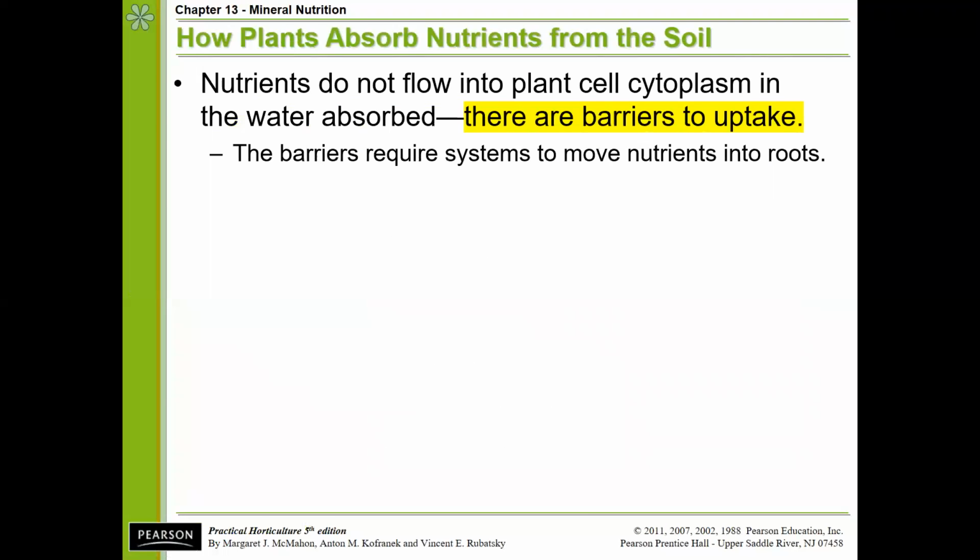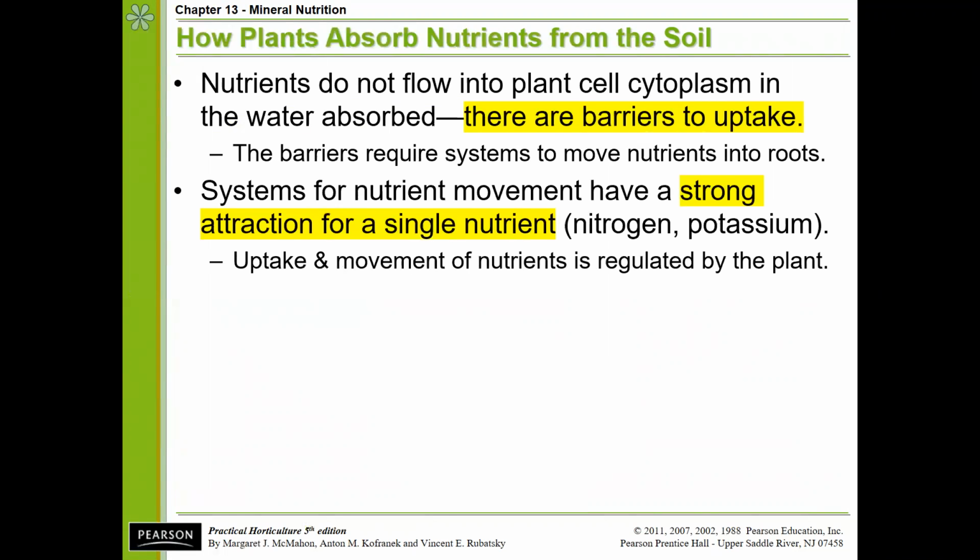I mean, often we use water-soluble fertilizers. However, there are barriers to the uptake of the nutrients themselves. And these barriers require specific systems that can be unique for particular nutrients to actually take them from the soil solution into the roots and move them throughout the plant.